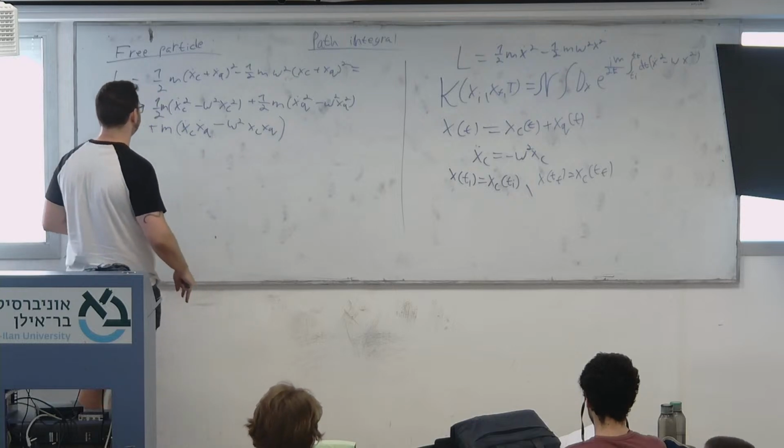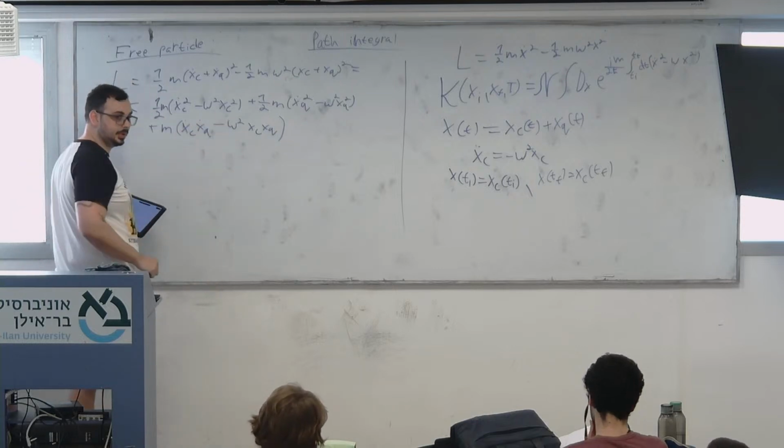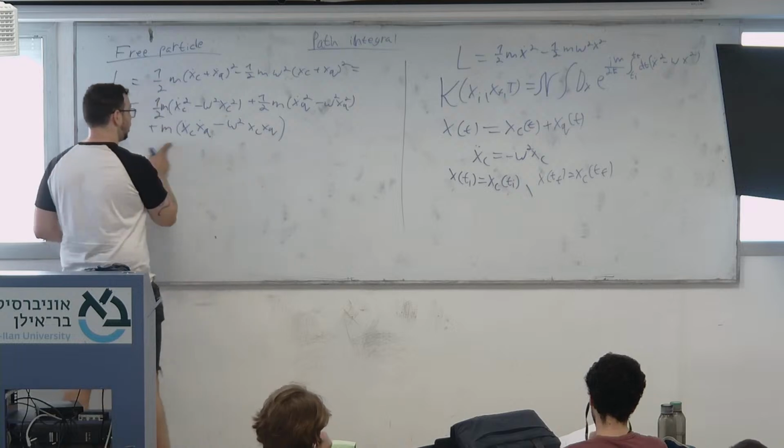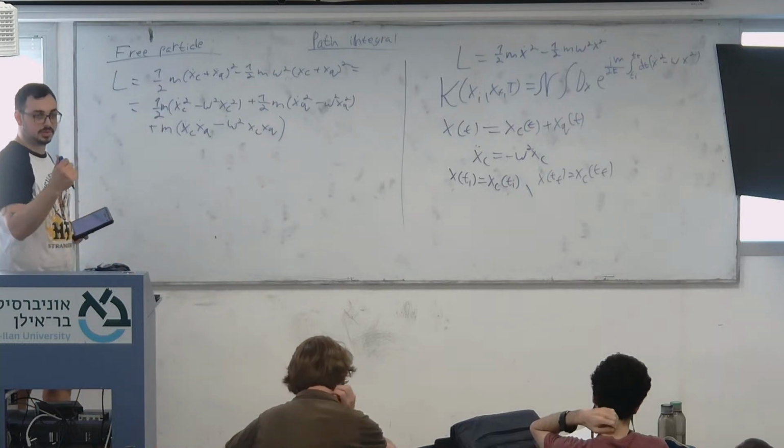So we have 3 different terms: the classical term, the quantum term, and the interference term between those two.